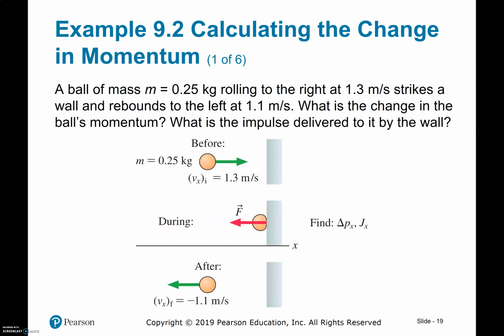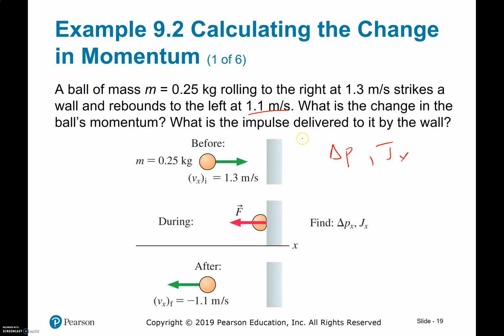So let's do a quick example. We have a ball that is rolling to the right at 1.3 meters per second, and it strikes the wall and rebounds, and the velocity is 1.1 meters per second. What is the change in the ball's momentum? Well, we're going to need to find delta P and J_x.